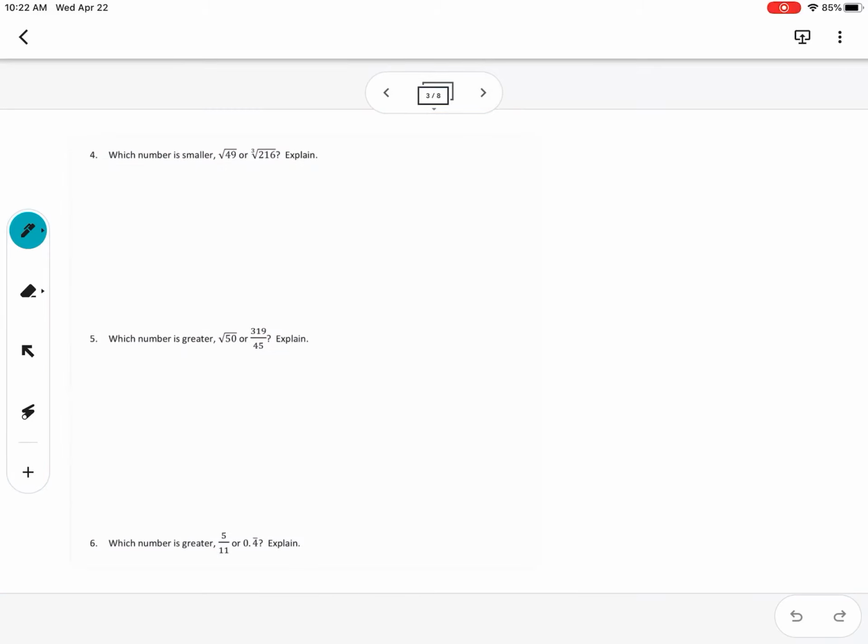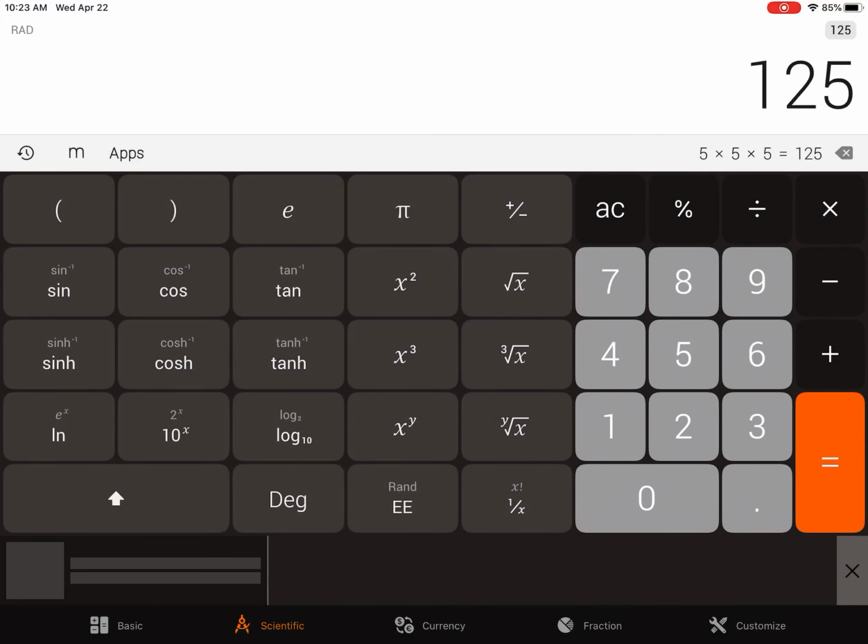All right, so which number is smaller? This one right here, the square root of 49 or the cube root of 216. I'm just going to save a little bit of time. I know the square root of 49 is 7, because 7 times 7 is 49. The cube root of 216, I have an idea, but I don't know for sure, so I'm going to check with my calculator.